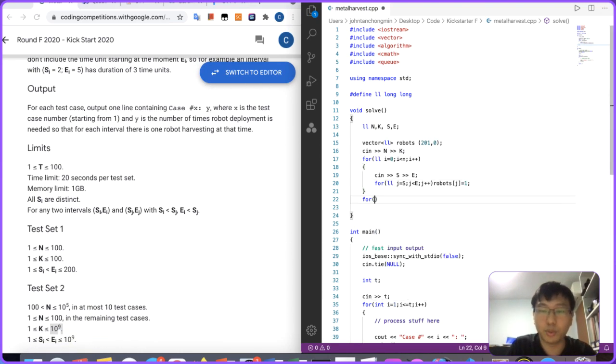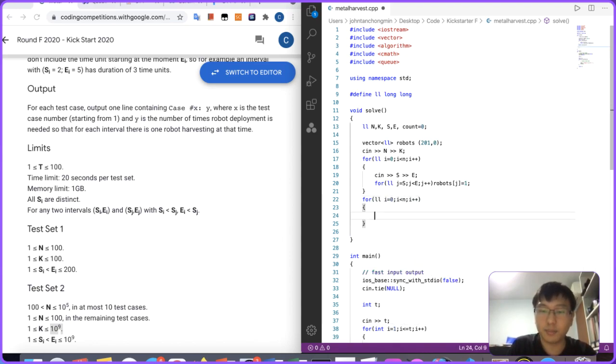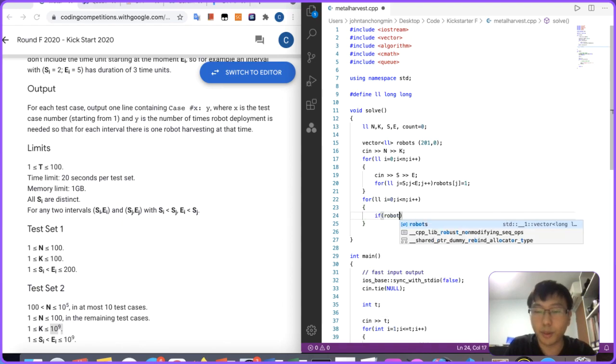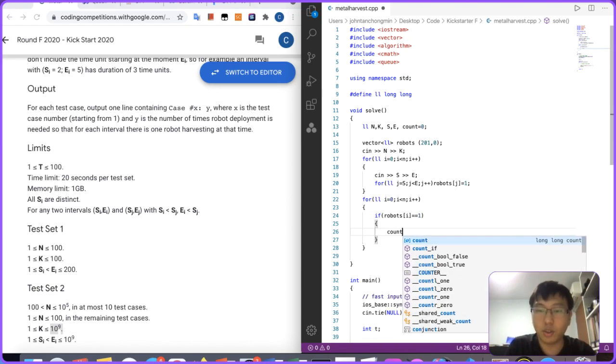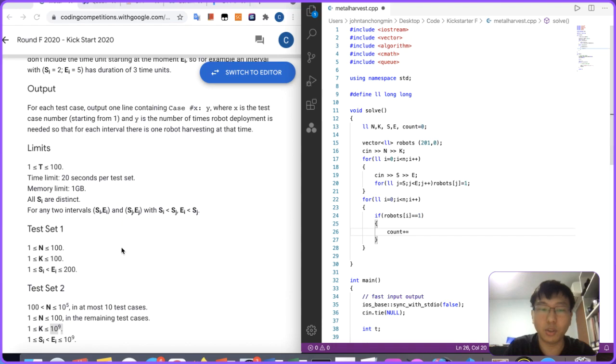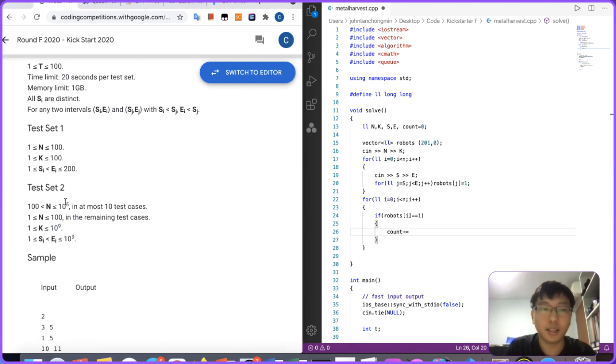So then we just loop through this. We have a long counts equals 0. For long i equals 0, i smaller than n, i plus plus. If robots i is 1, then we do count plus plus, and i plus equals k.